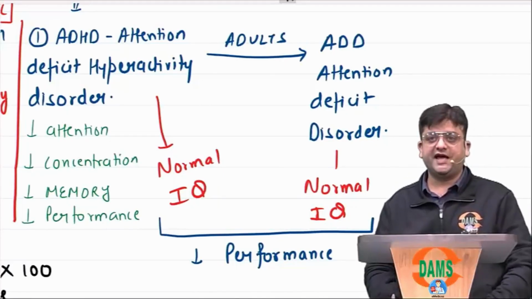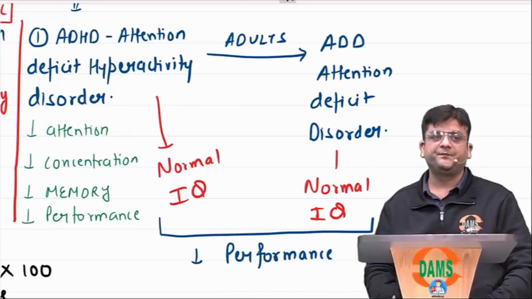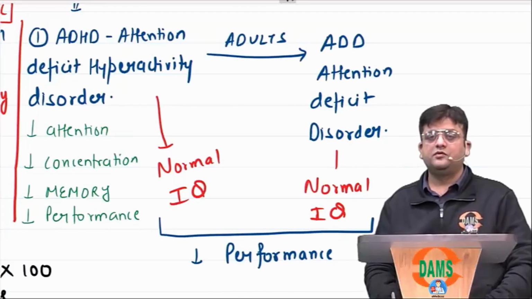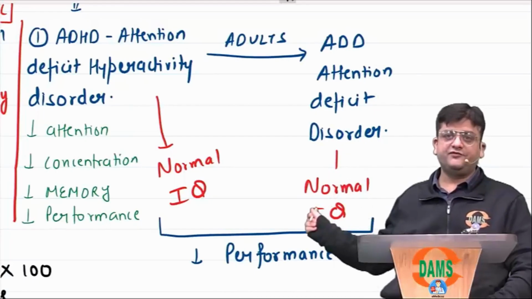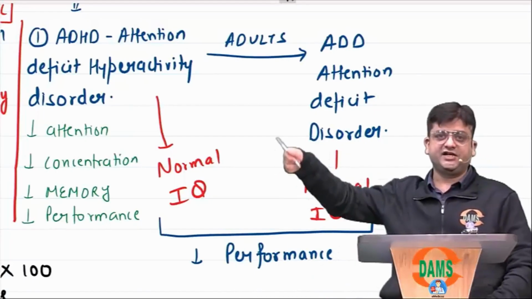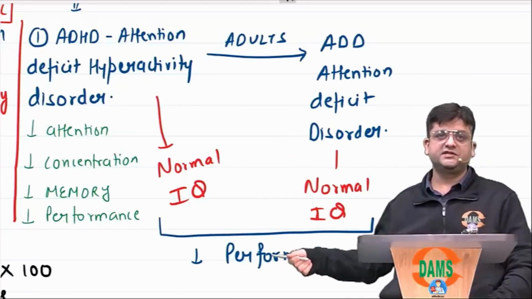Despite both, they have decreased performance. So as an adult, you can have normal IQ and decreased performance. As a child, you can have normal IQ and decreased performance.